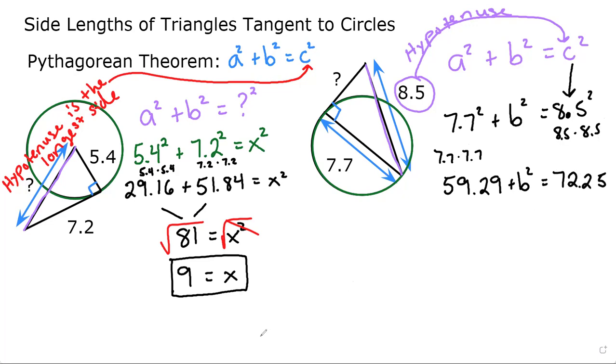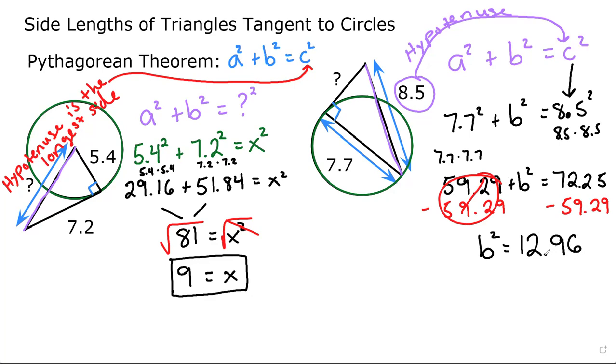All right, now we got to figure out how to get b squared alone. So we're going to actually subtract 59.29 to delete it, but you got to do it to both sides because you can't just do it to one side. So now we have b squared equals 72.25 minus 59.29 is 12.96.